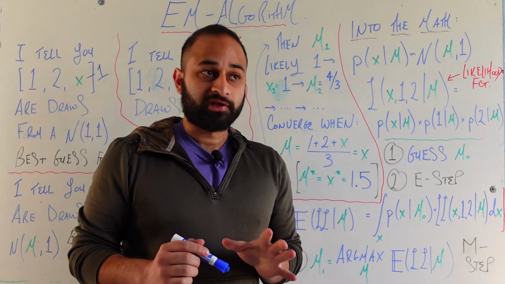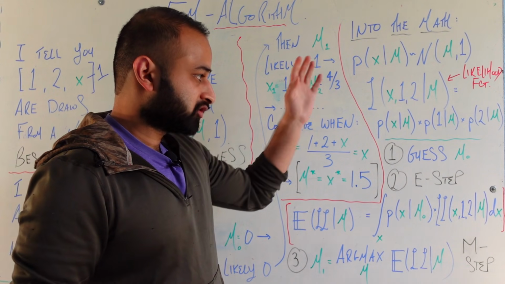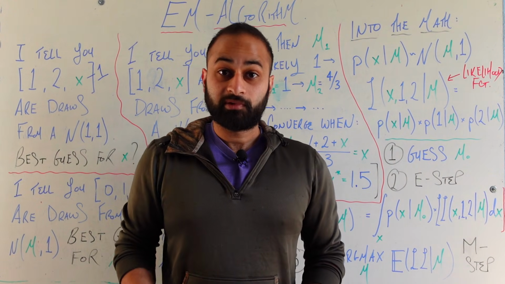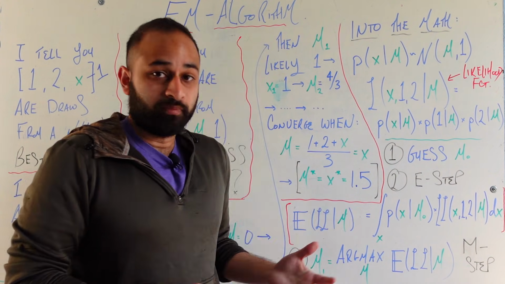And let me pause there because I will finish this video by talking about the actual mathematics and the actual statement of the EM algorithm, but you basically know it now.